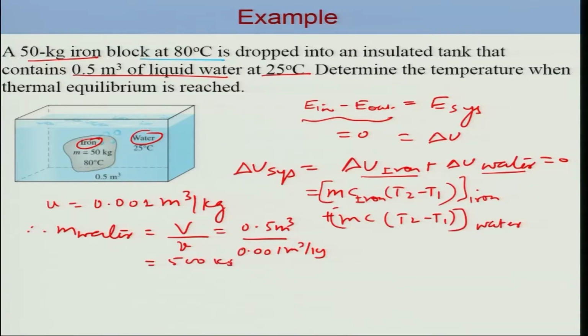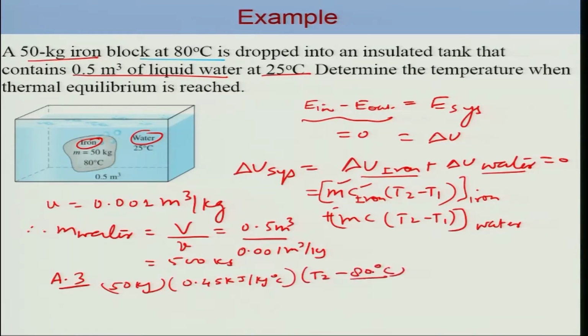Next we use a table to obtain the specific heat for iron and water. The table which contains this is A3, and then we plug in these values because now we know the mass of iron and C of iron from the table. So 50 kg, and the value from the table for the specific heat of iron is 0.45, times T2 minus 80, since initially the iron was at 80.